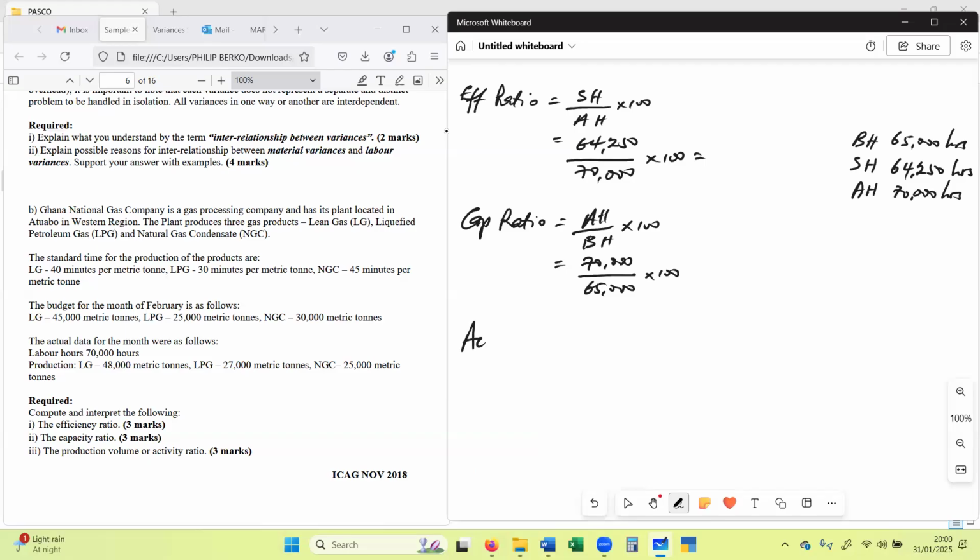Then we have activity ratio. That one too is standard hours over budgeted hours.